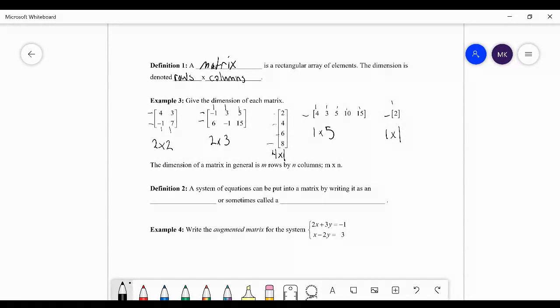Now, this next definition is what we're going to be working with to solve these systems of equations. A system of equations can be put into a matrix by writing it as an augmented matrix. This is sometimes called a coefficient matrix.